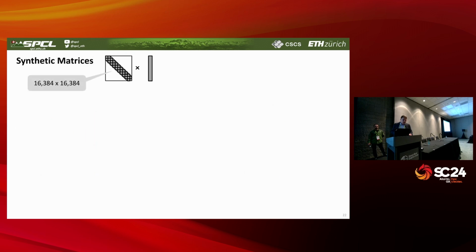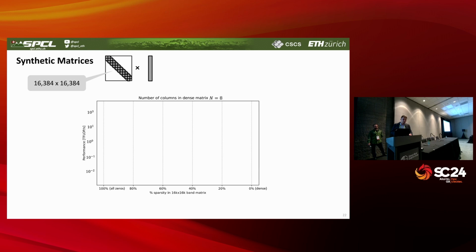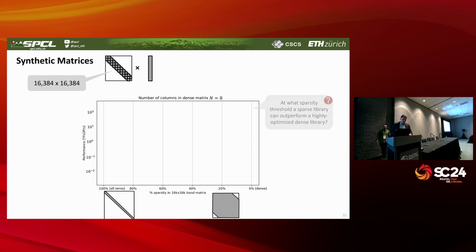So now we ablate on the synthetic matrices as mentioned before. We take a band matrix with 16,000 rows and 16,000 columns and multiply it with a tall dense matrix. First, we will multiply it with a tall dense matrix with 8 columns. On the x-axis, as previously, we iterate from a nearly diagonal matrix to a dense matrix.